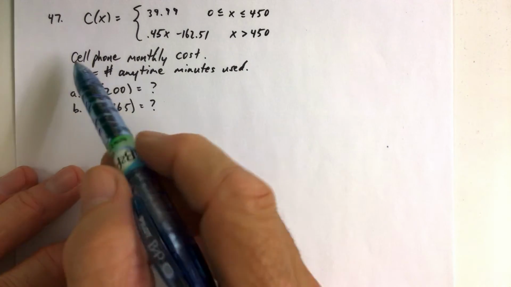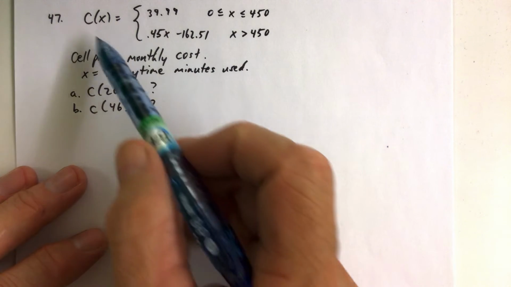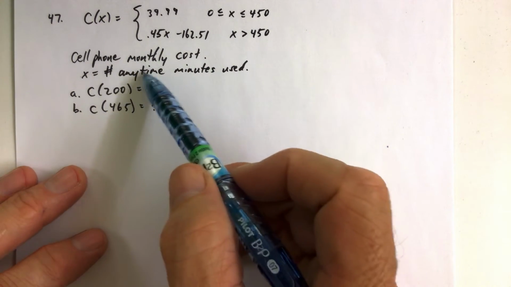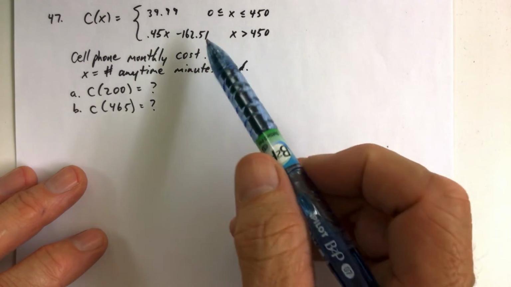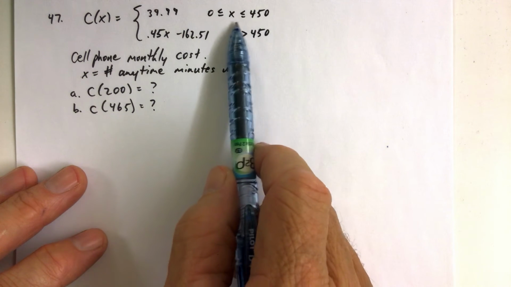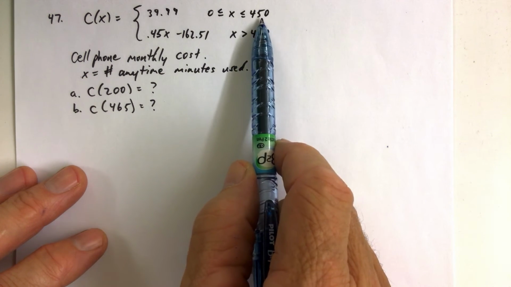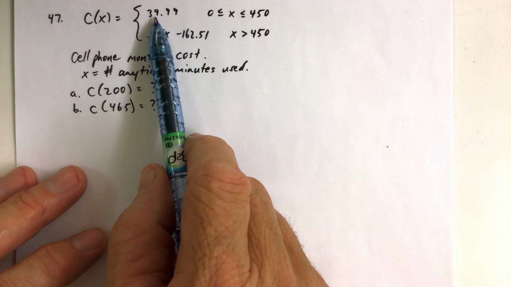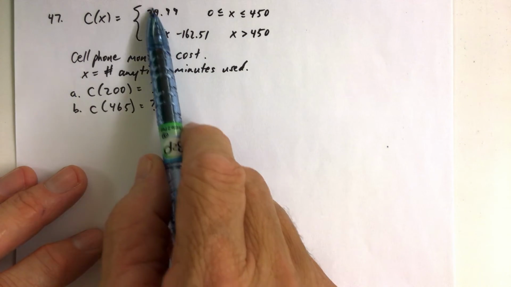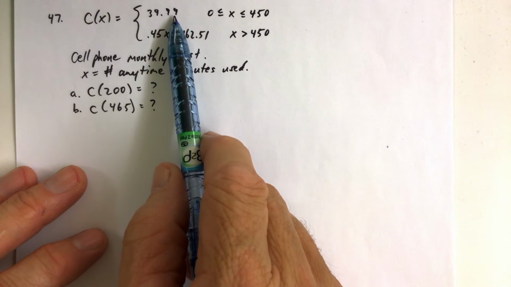Anyway, this is a cell phone monthly cost. X represents the number of anytime minutes used. So in other words, as long as you use less than or equal to 450 minutes, your flat fee, your cell phone monthly cost for this example, would be $39.99.